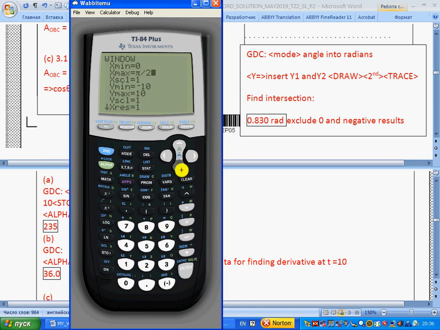I realize that because y is the product of sine and cosine, it will be from -1 to 1. Now let us see how the graph will look. Much better.